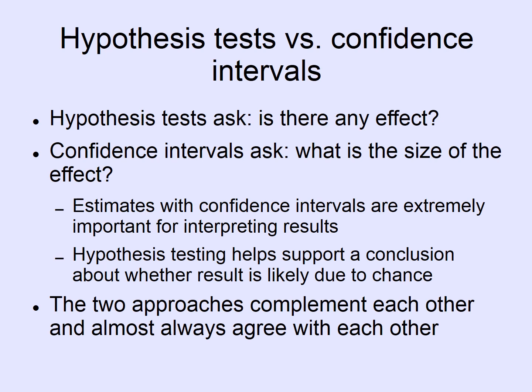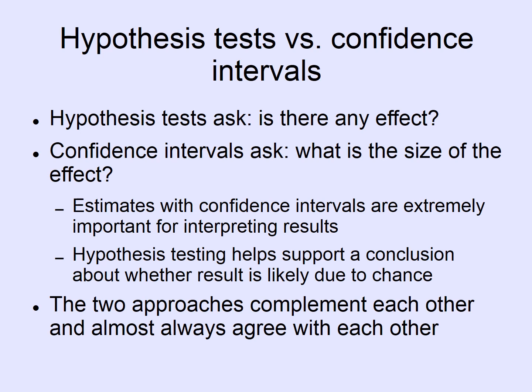These approaches complement each other, and they almost always agree. So we're going to look at several things for confidence intervals around the means and their differences from sample to sample. We're going to look at confidence intervals around the difference in, say, a control and treatment group and what that means.